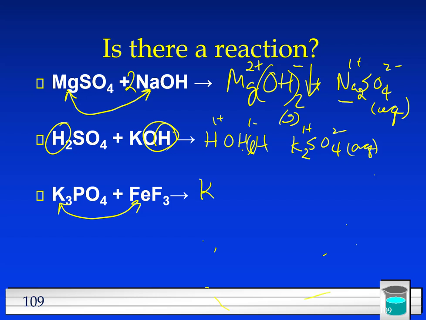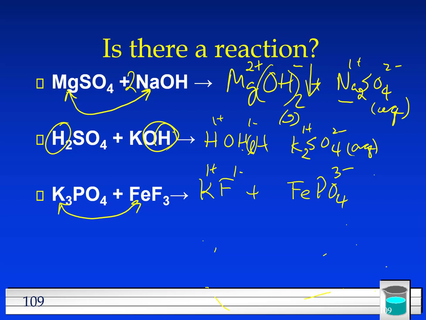So the K will end up next to F, and the Fe will end up next to PO4. Sorry, K is next to F. Okay. K is 1 plus, F is 1 minus. So that adds up to 0.